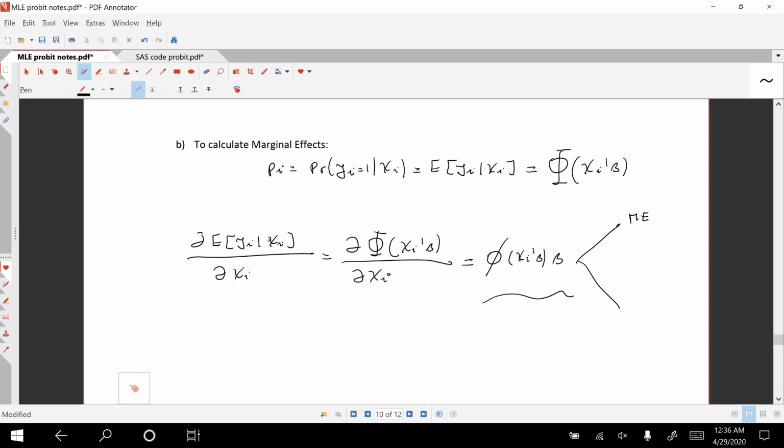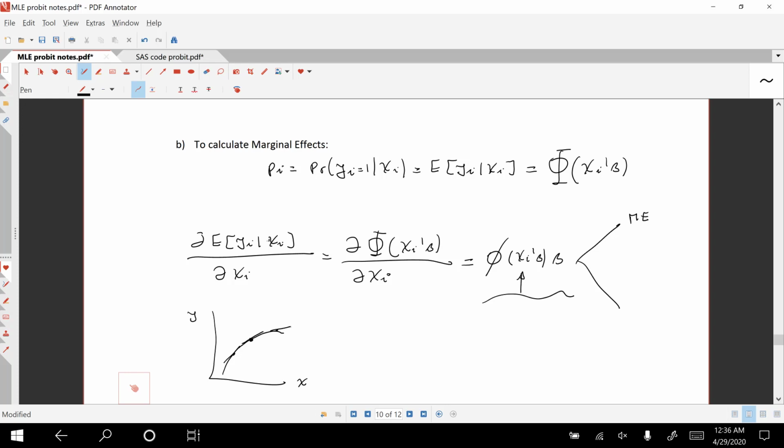So remember that these marginal effects basically depend on the specific value of xi. With nonlinear models, that's the case. If you want to calculate a marginal effect, the value of the marginal effect is going to change from point to point. Just to digress a little bit, remember, if you have a nonlinear model, these slopes change from point to point.